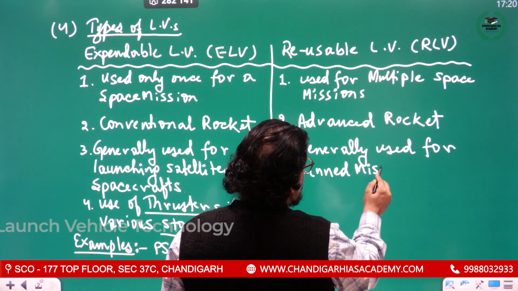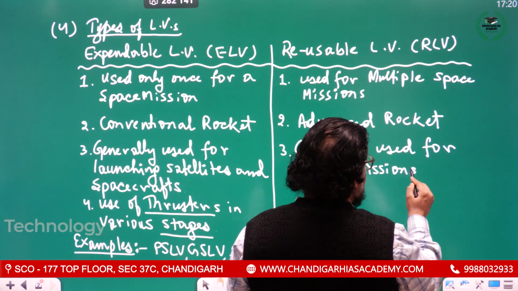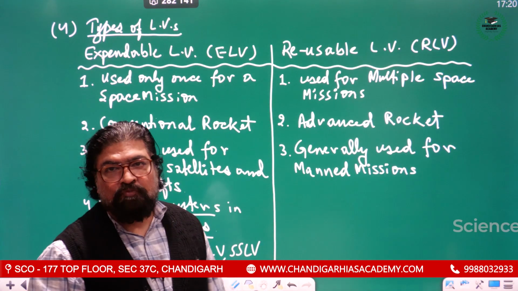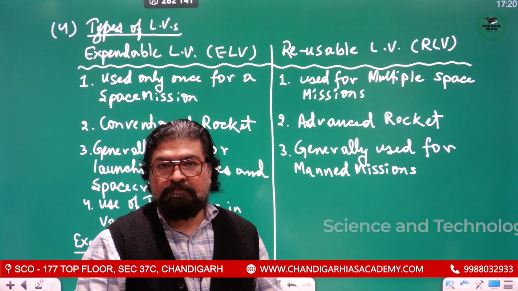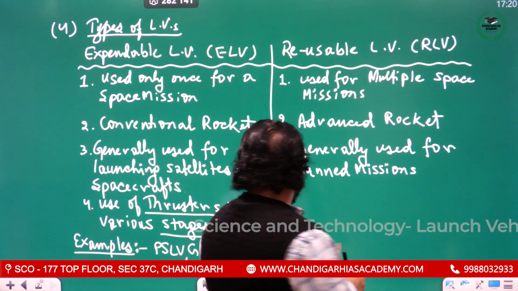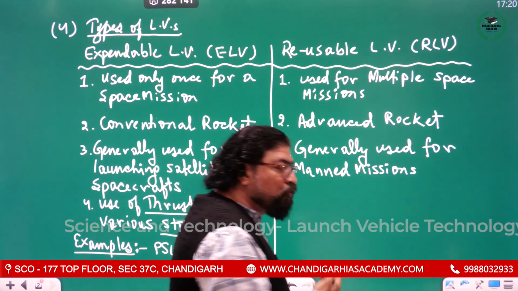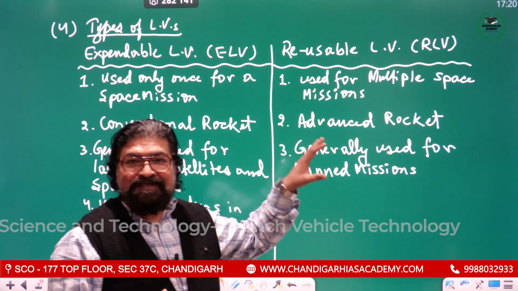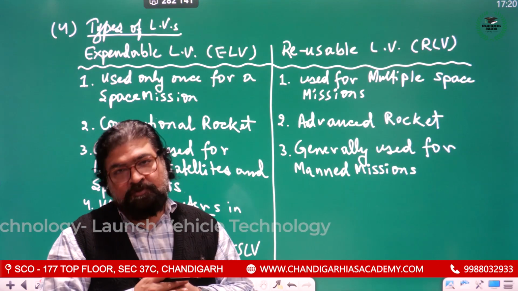It takes an astronaut to outer space and then brings them back safely to the Earth. Something called a space shuttle. It can go and come back. Shuttle, right? So it is used for manned missions, but in future, we can use the same type of rocket for launching satellites or spacecraft also.